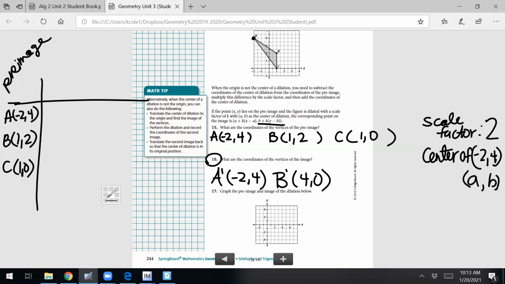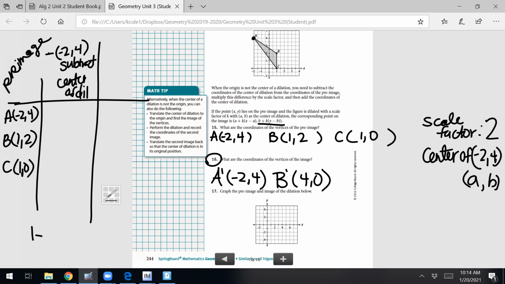So the first thing that you have to do, step 1, is to subtract the center of dilation, which is -2, 4. So you're subtracting that, okay? So I'm going to do 1 minus -2. What's 1 minus -2? 3. Okay, 0 minus 4. What's 0 minus 4?